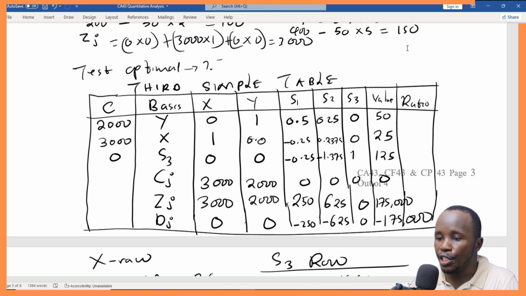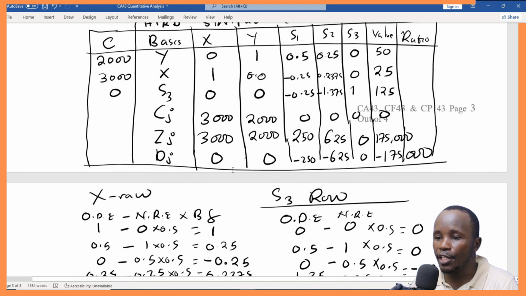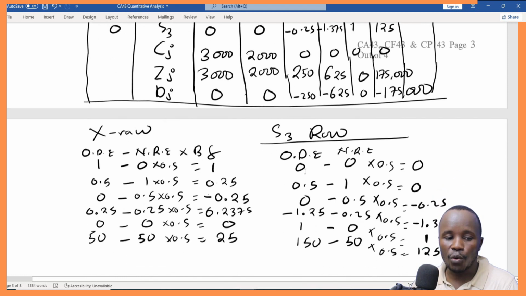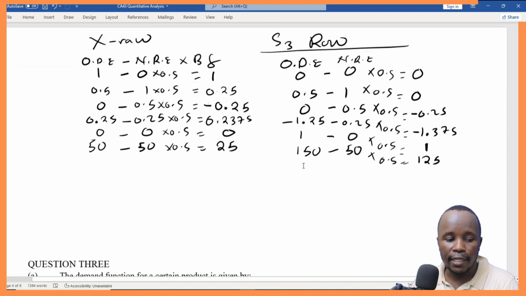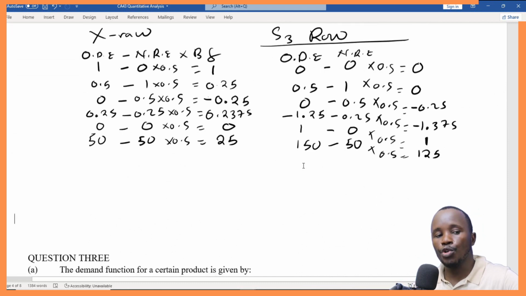At this point, you notice that your Cj minus Zj values are 0 or less. So in this case, we can now get our conclusion.